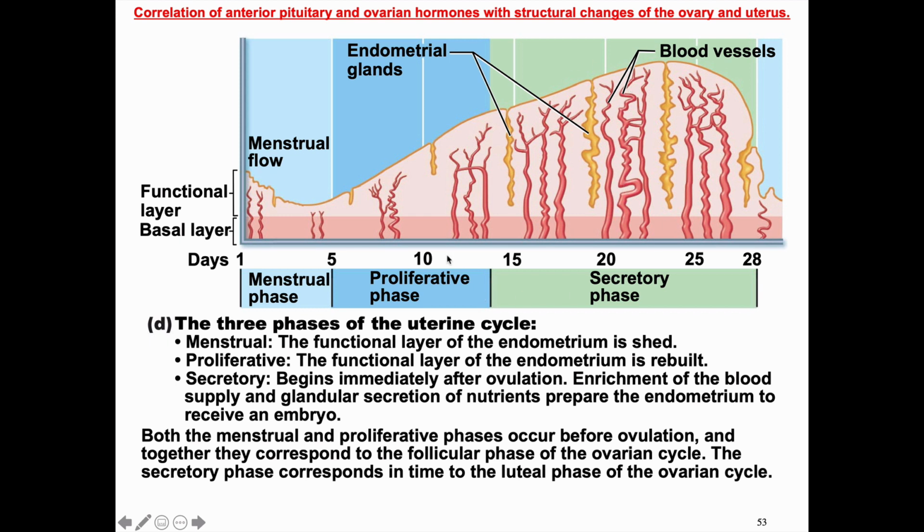Okay, so the first phase is the proliferative phase, then the secretory phase, and the third phase is the menstrual phase. But in this diagram they have started with the menstrual phase, followed by the proliferative phase, and then the secretory phase. This is called a free period, that is, there is no chance of fertilization in this, because the ovum will not be available. Only on the 14th day the ovum is released, and thereby there are chances of fertilization.